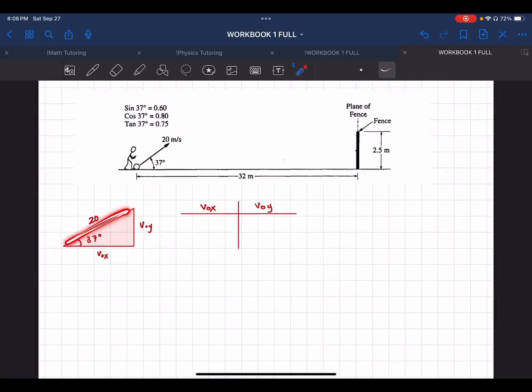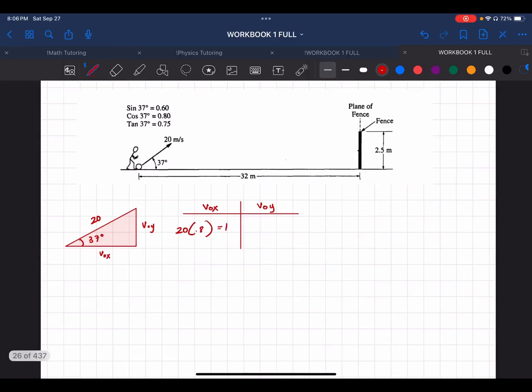They already give you the cosine, so it makes your life easy. It's just 20 times 0.8, which is 16. And then the y is the sine, so this one is 20 times 0.6, which is 12. That's not bad, right?